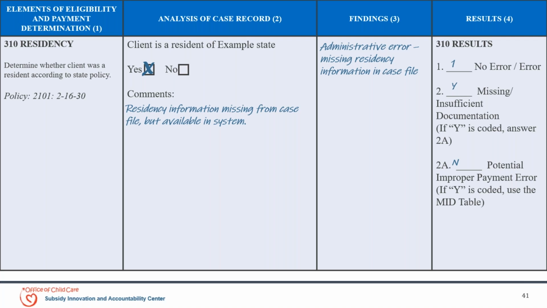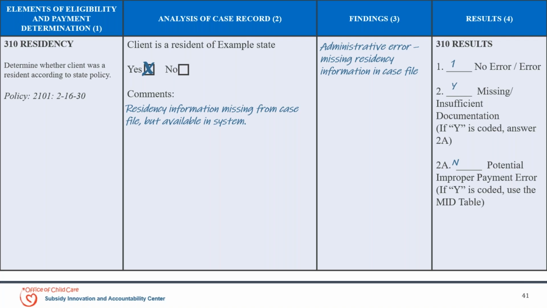So if the system is not something that is normally available to the eligibility workers, then looking into additional systems or accessing those would be considered an additional inquiry. Again, it's considering what is normally or typically available to the eligibility workers and reviewers versus what would be going outside of that.